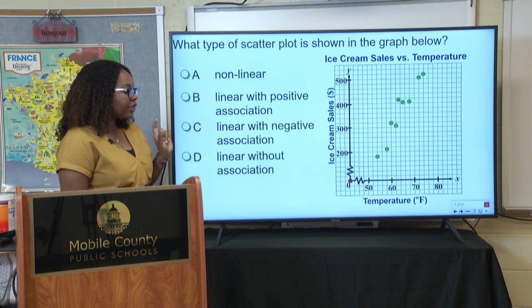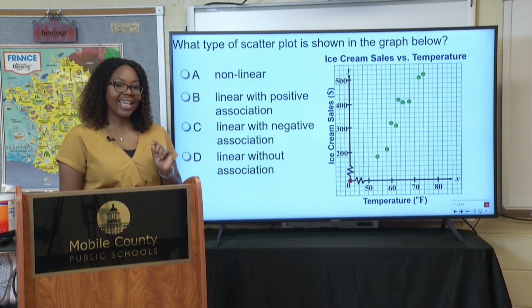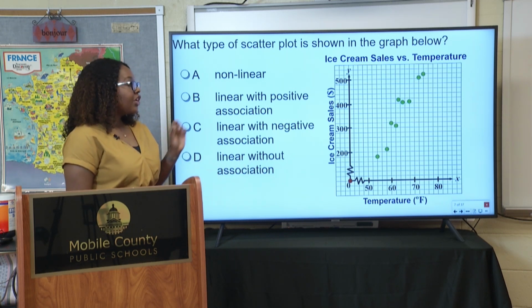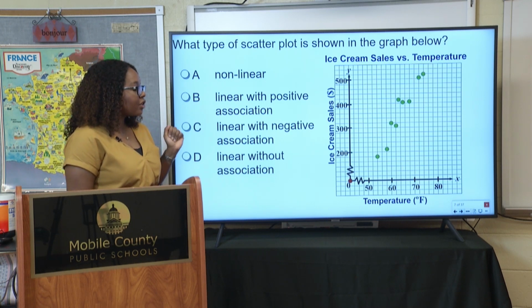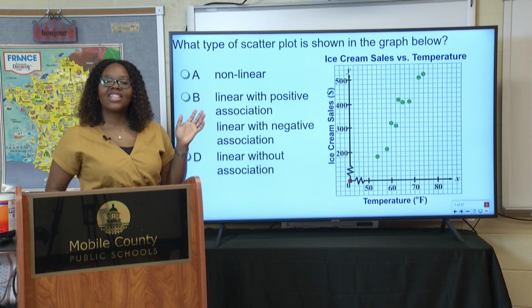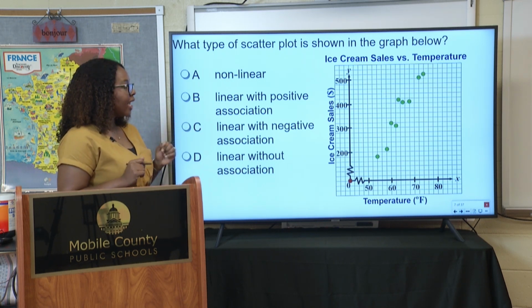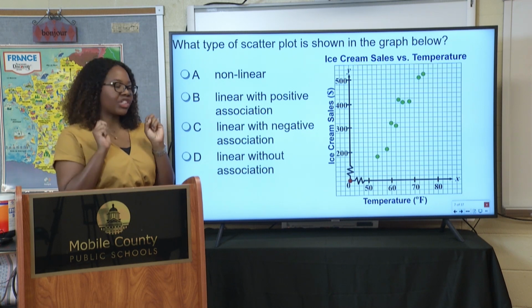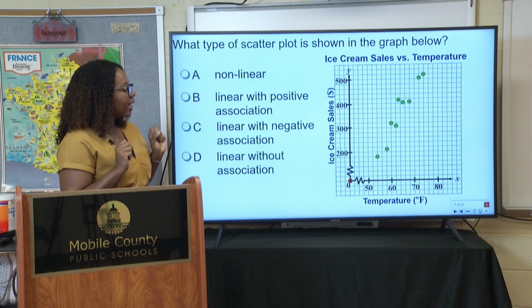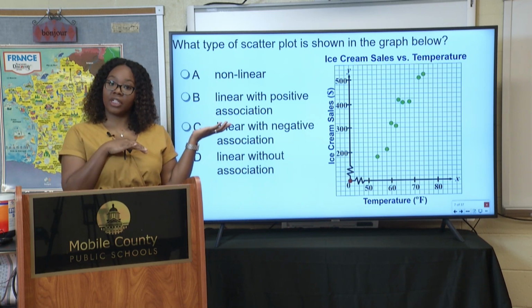As the temperature increased from 50 degrees Fahrenheit to 80 degrees Fahrenheit, you can see that our data increased in sales from $200 to $500. So as x increased, y increased as well. Looking at the nature of it, the scatter plot is increasing like a line does on a linear function.